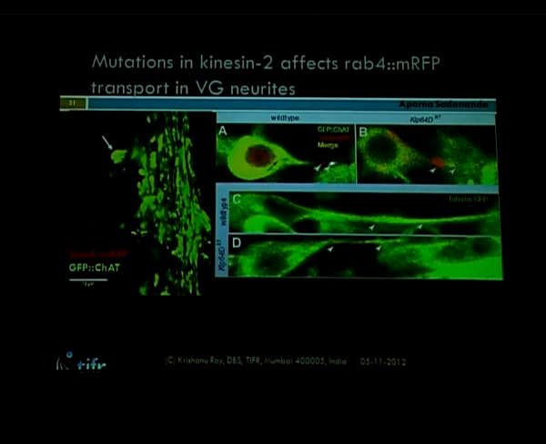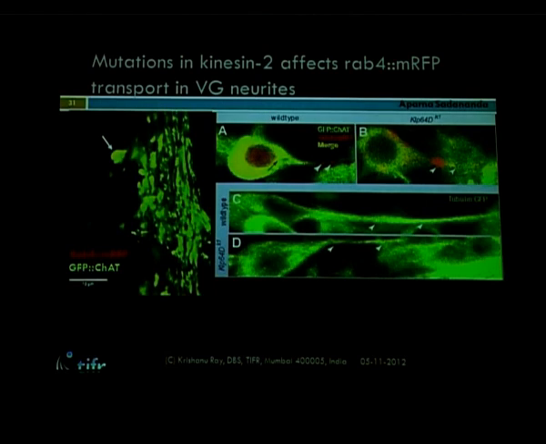This is a normal axon where you see that the small RAB4 vesicles are present occasionally. This is a mutant axon where you see this large accumulation of the RAB4 vesicles.